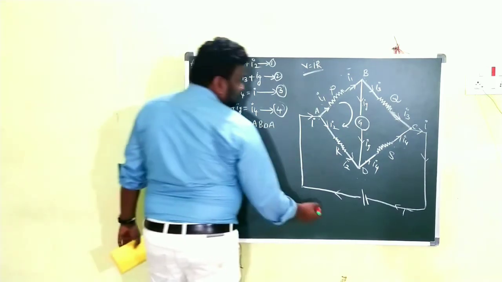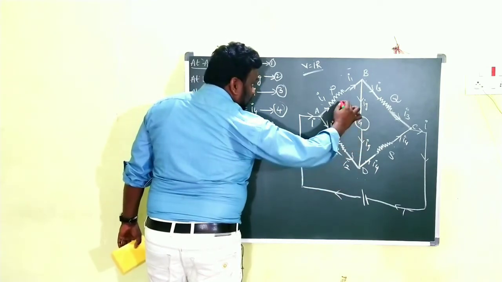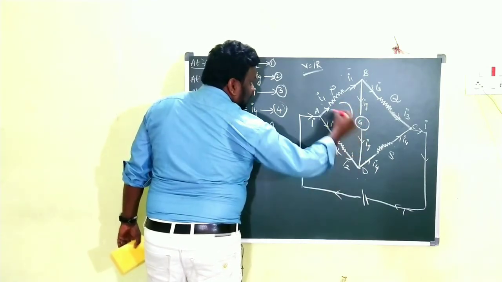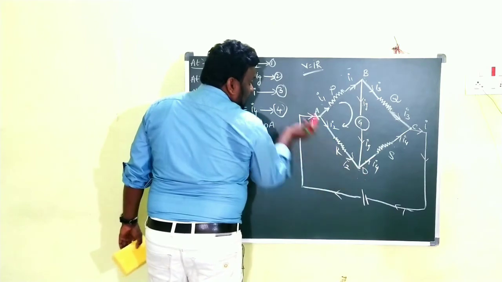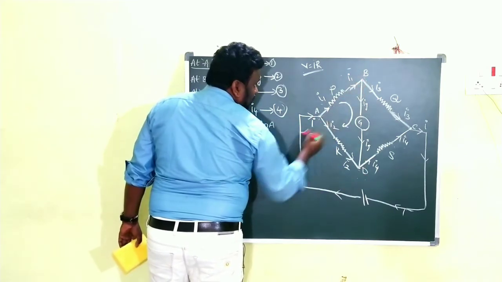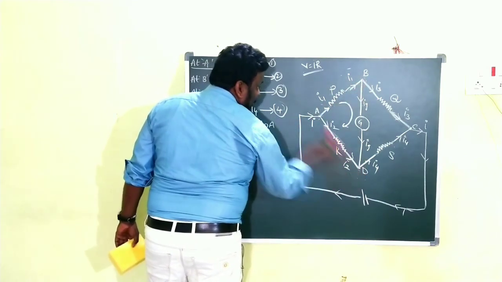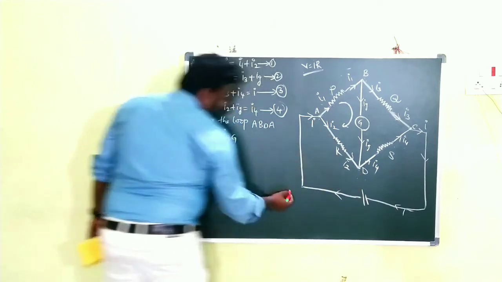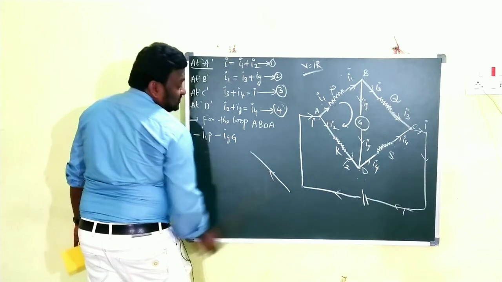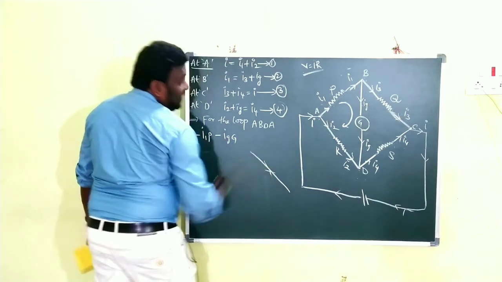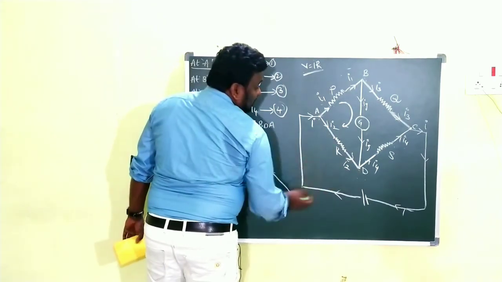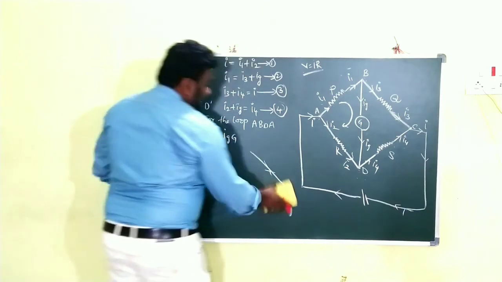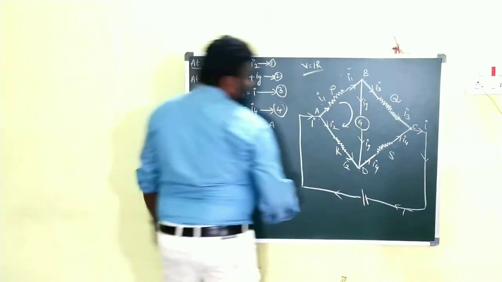And now, in this case, we are coming from A, B, D to A. We are coming from D to A like this, but the current is in the opposite direction. That's why in this case the potential is what?